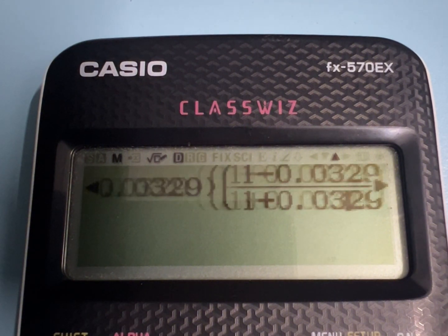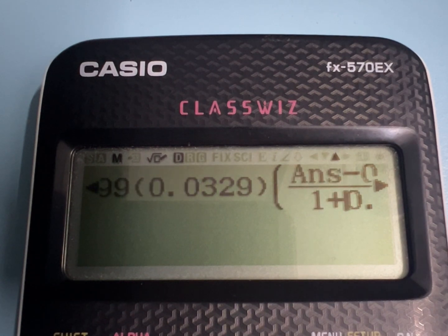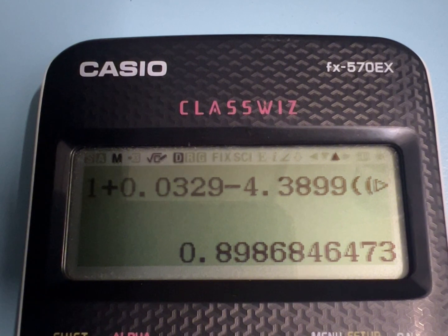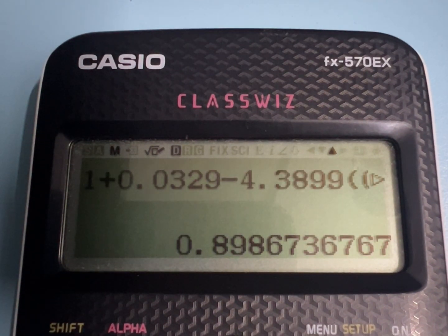Then plug back into this, press answer, and you get the second iteration. Press equal again, and just keep pressing until you get a constant value. So this is your constant value. Pretty much that's it. There's nothing really hard.